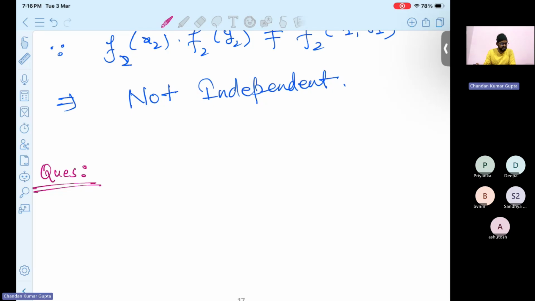The next question is based on the covariance. We need to calculate the covariance for the discrete case.